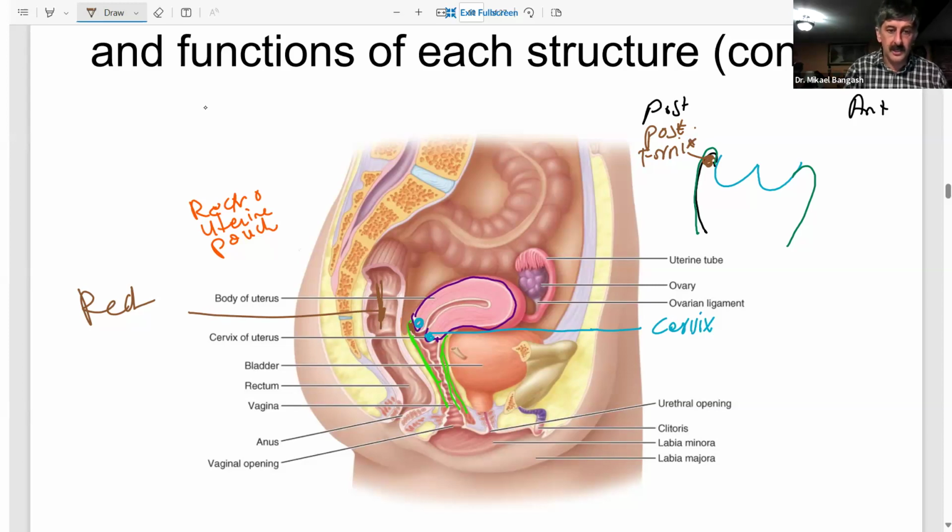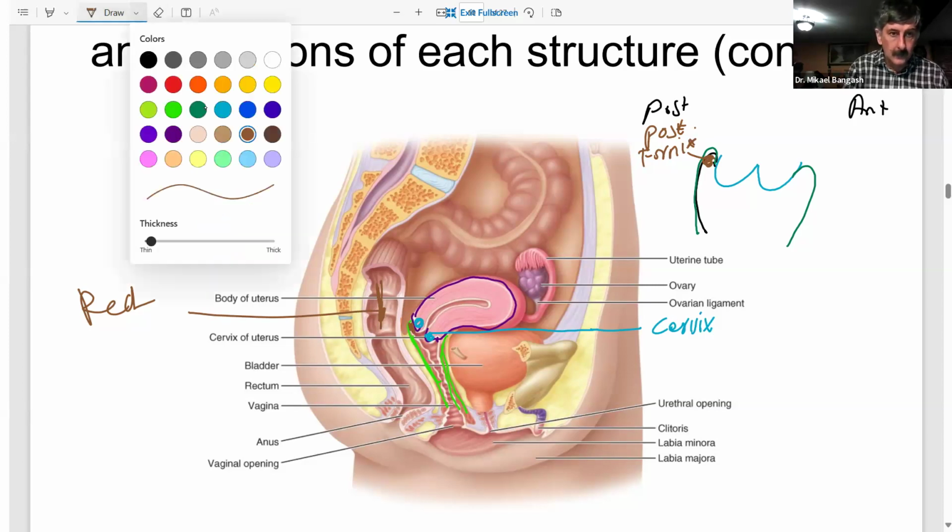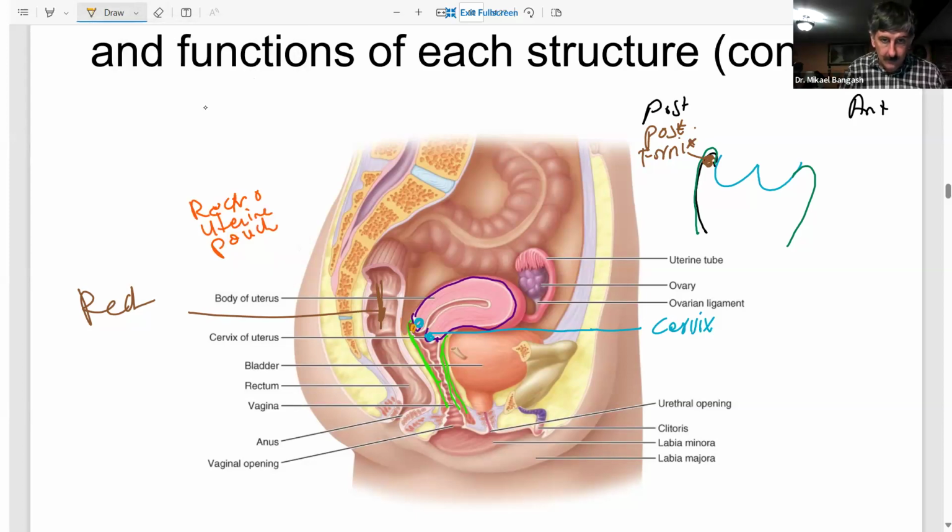It may sound strange, but that is literally the area where the sperm should be deposited, in the posterior fornix.